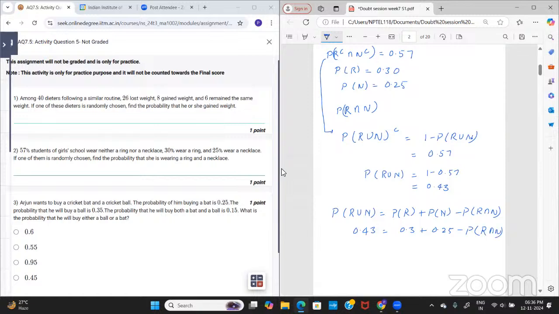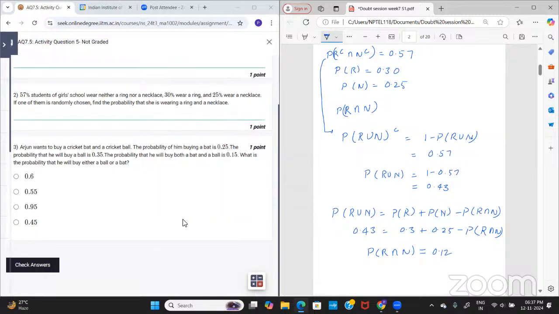Now solve it. So this is 0.12, right? Yes, ma'am, 0.12.